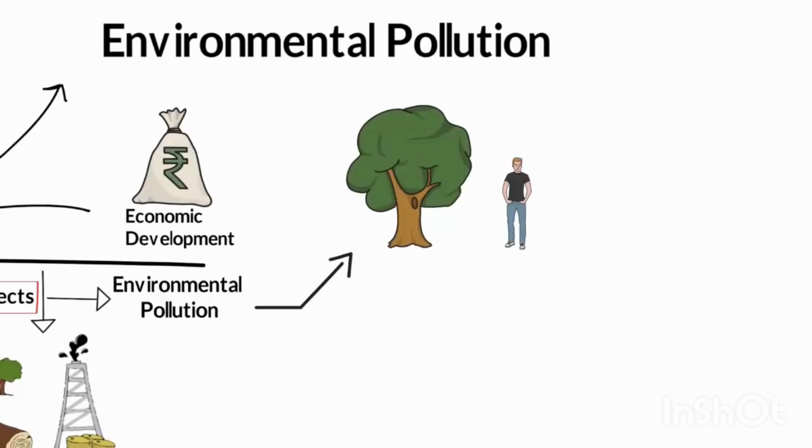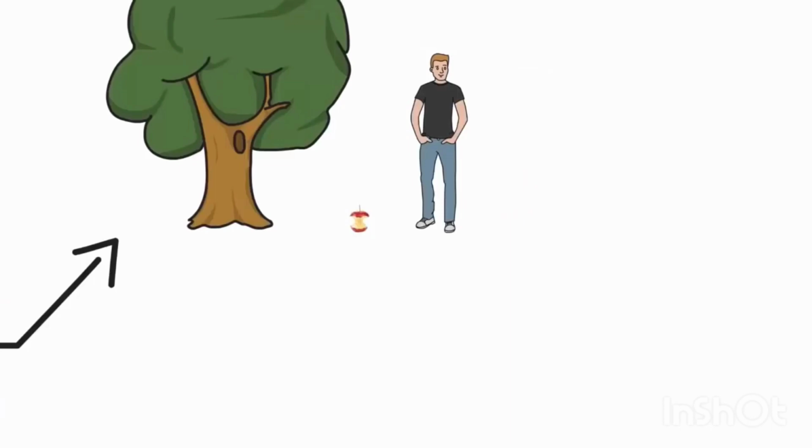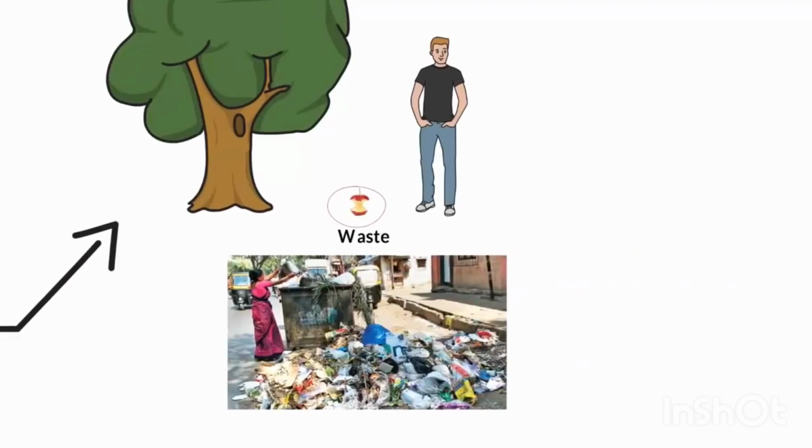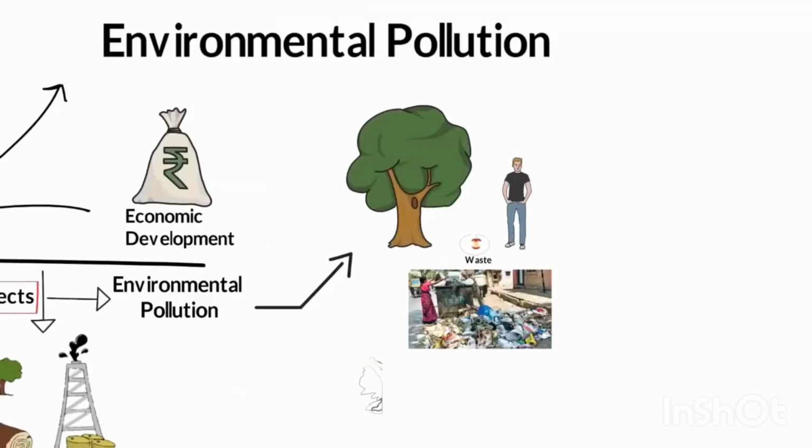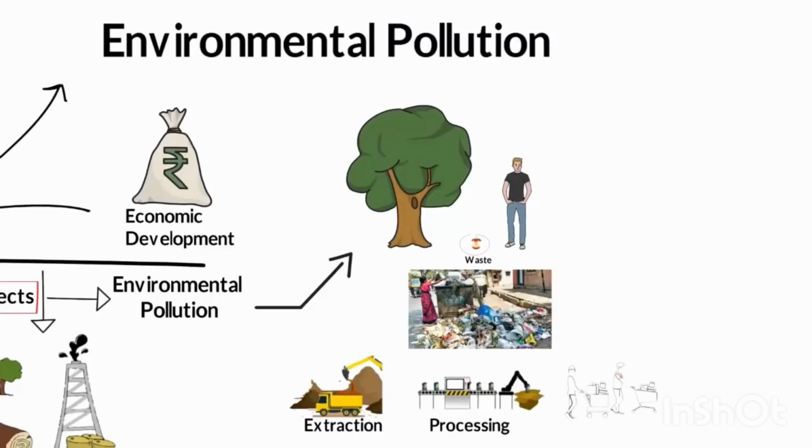They eat and throw the uneaten part of the fruit. That uneaten part becomes a waste and mixes with the environment in such a way that it gives rise to different forms of pollutant. Likewise, there are many ways in which waste products may be generated during the extraction of raw materials, the processing of raw materials into final products, and also during consumption.